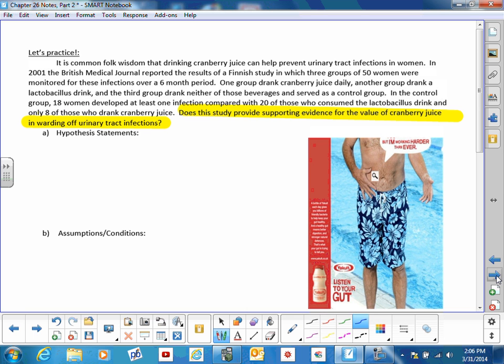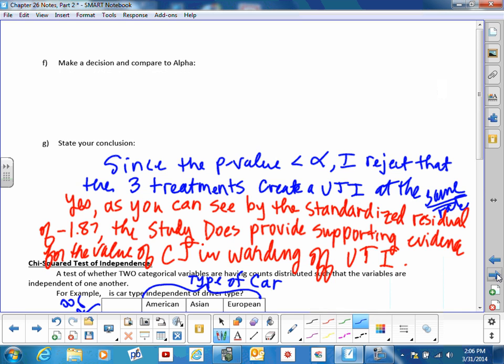Okay. So, again, to connect to Friday, we had a cranberry juice group, a lactobacillus group, and then a control group, and we were wondering if those 3 treatment groups had a urinary tract infection at the same rate. And so we ran a test.